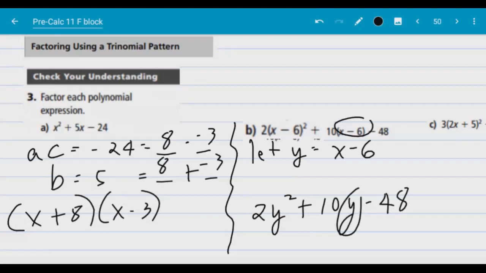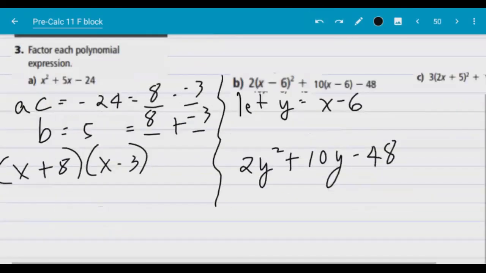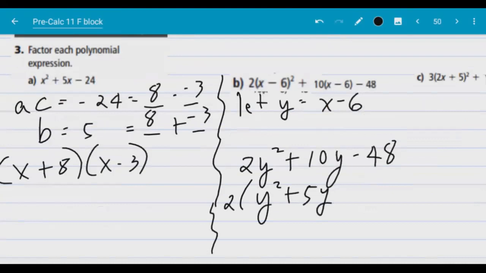Does that make sense? That's what I am trying to do. So as I do this substitution, you will notice that all three terms are even. I can factor out the 2. That would be y squared plus 5y minus 24.